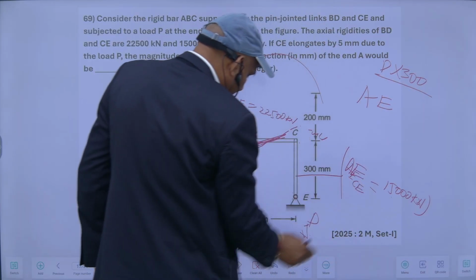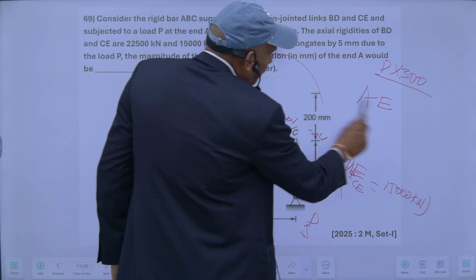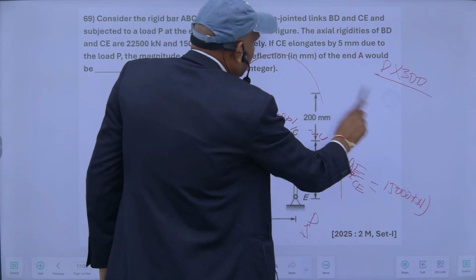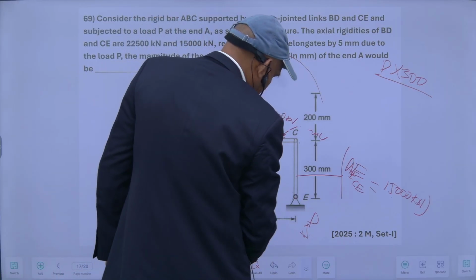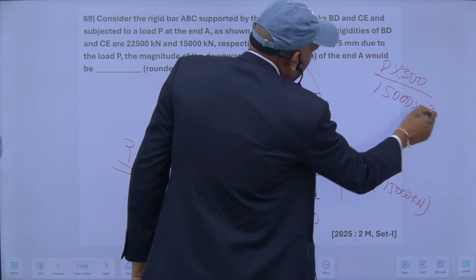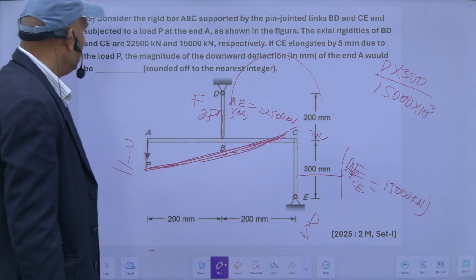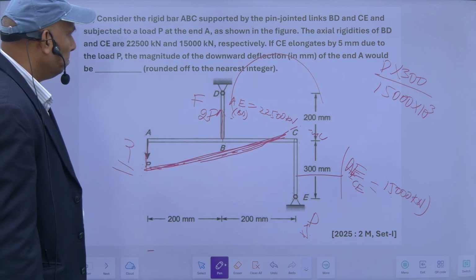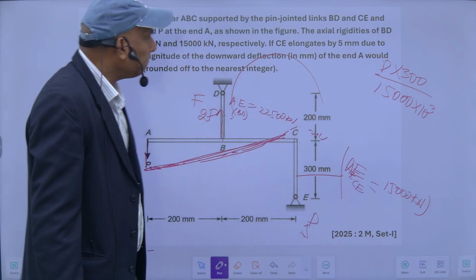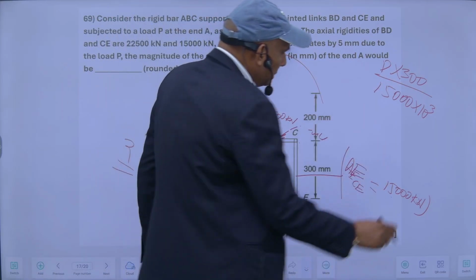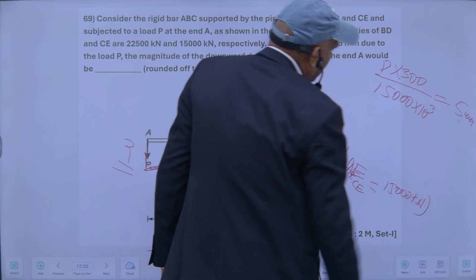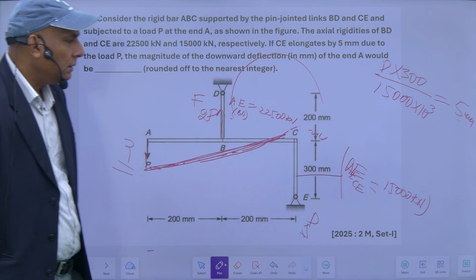And this is 15,000 kilonewton, meaning 10 raised to the power 3, it is in Newton. So this is in mm and this is in Newton. And this deflection is equal to 5 mm. So from here we can find the value of P.